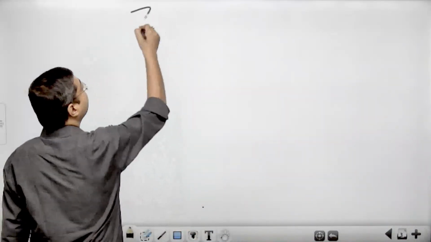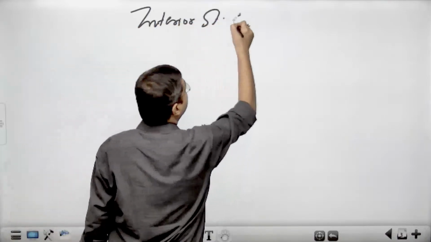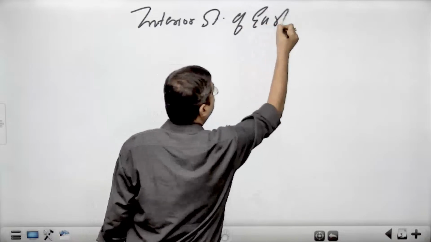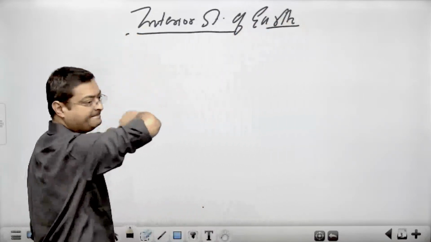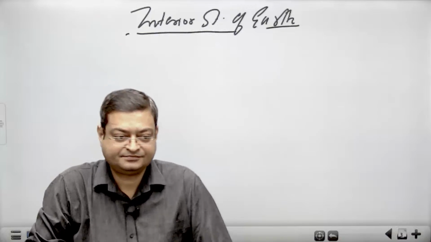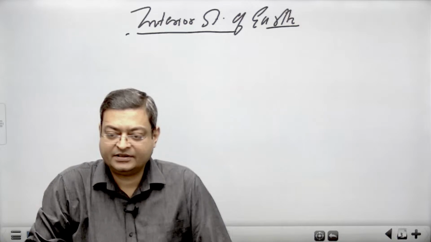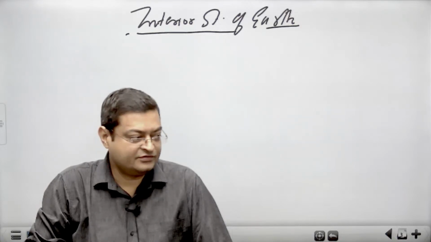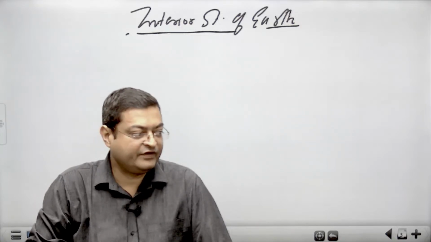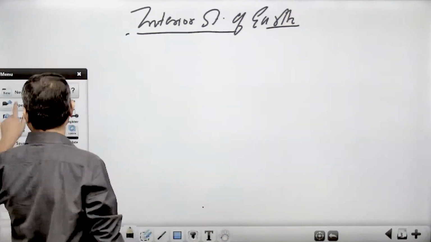Now put the heading interior structure of earth. This is your first topic. So now we know that we have different layers of the earth.